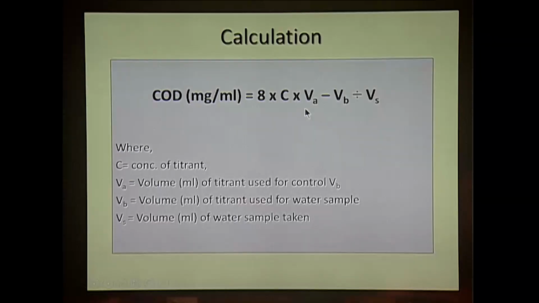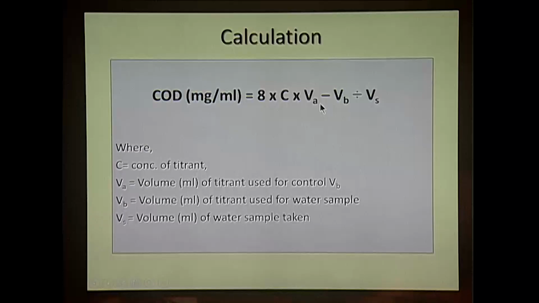Now COD in milligrams per ml is calculated by this formula, where 8 is a constant and C is the concentration of the titrant, that is the sodium thiosulfate, whether you have used it at 0.1 normal, 0.2 normal or 0.5 normal. VA is the volume of the titrant used for the control set, where we have added distilled water, not the treated or the wastewater.